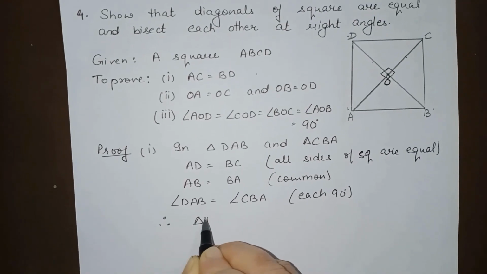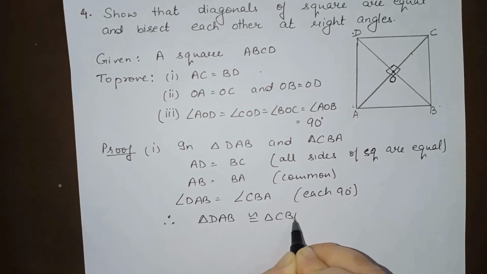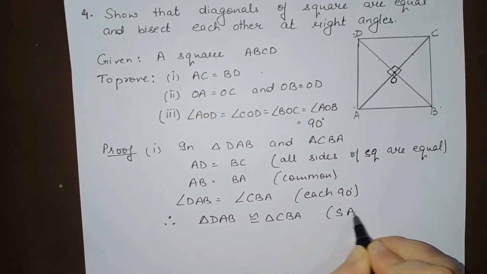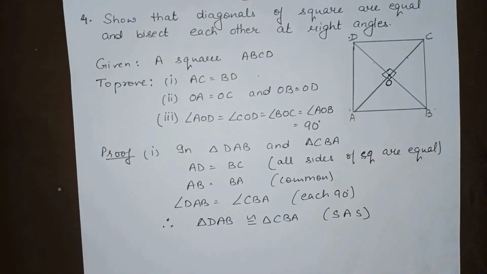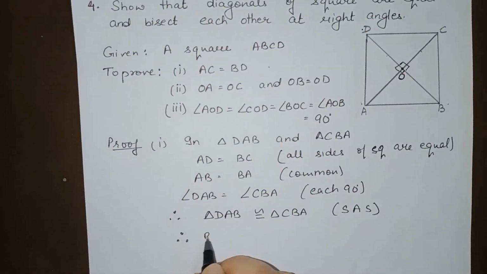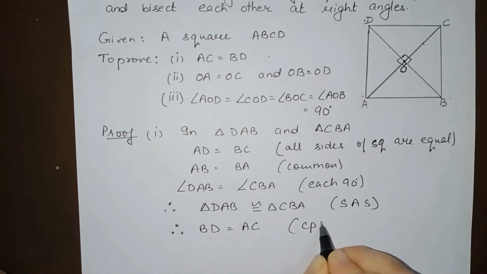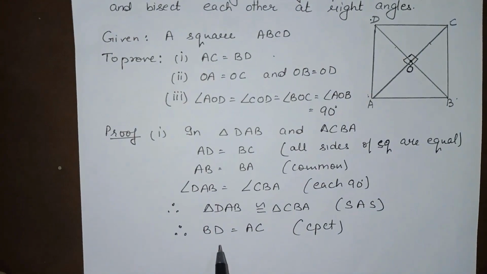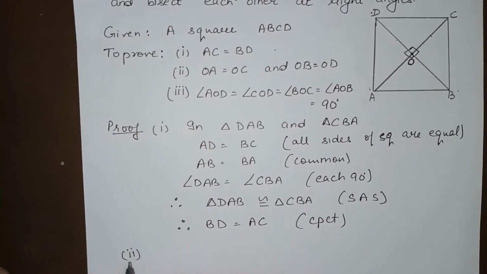Therefore, triangle DAB is congruent to triangle CBA by SAS, side, angle, side. And therefore, BD is equal to AC by CPCT. So we have proved the first part, that the diagonals are equal.